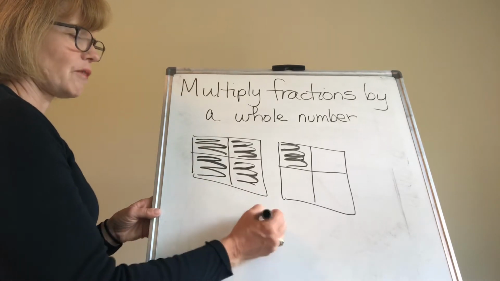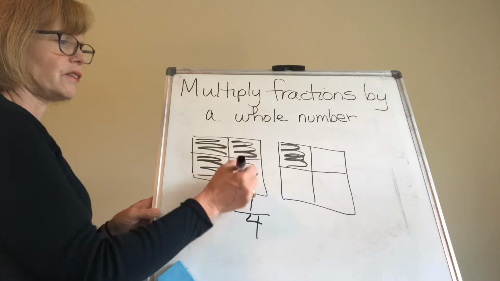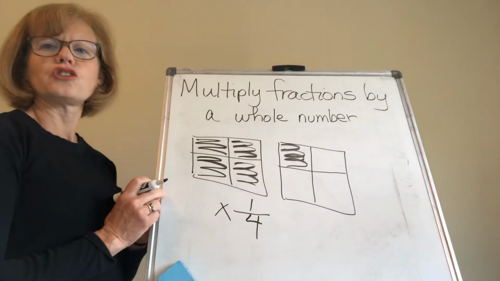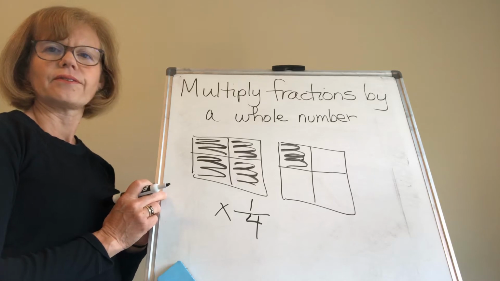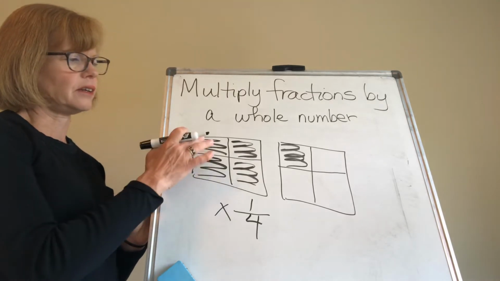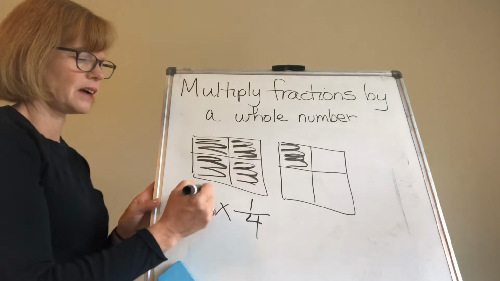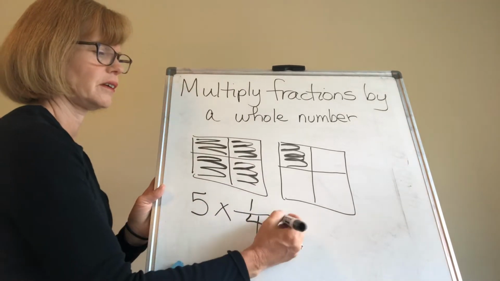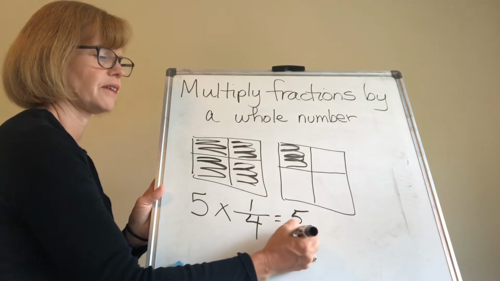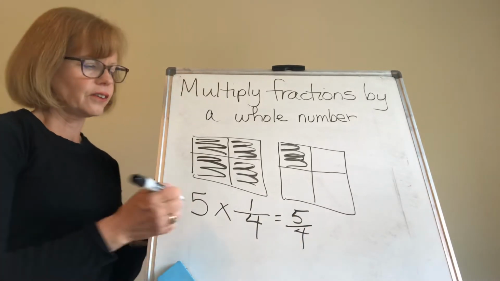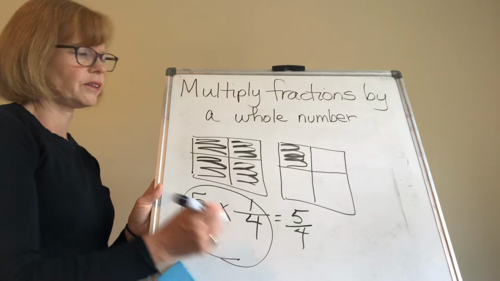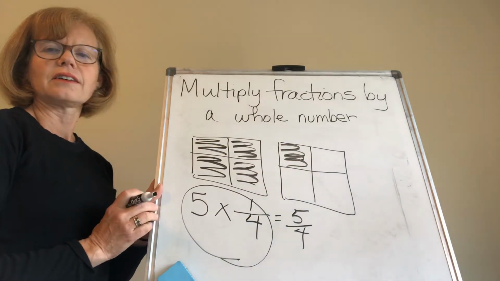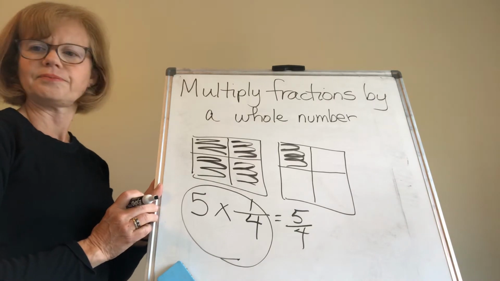Remember, I'm going to have 1/4, right? Each of these are divided into 1/4. How many 1/4s do I have? 1, 2, 3, 4, 5. 5 times 1/4 is 5/4. So 5 times 1/4 would be the equation I could write based on this model.